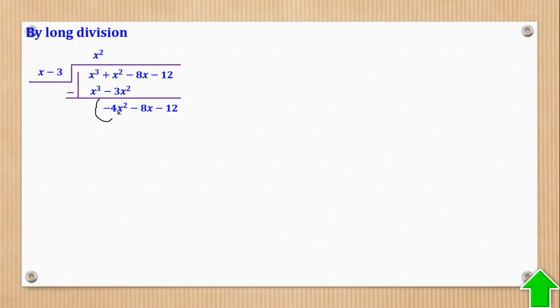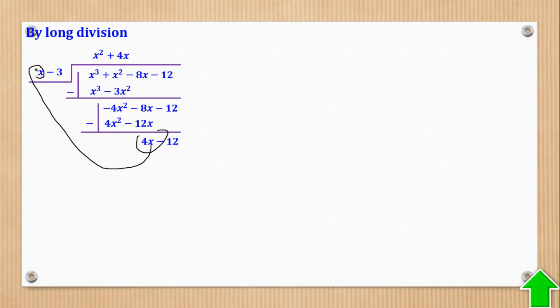Then again, the whole of this divided by x, you come up with positive 4x. Positive 4x multiplied through the divisor, you come up with that. Subtract the two, you get that. So again, this divided by this, you come up with 4. 4 multiplied by the divisor, you come up with that. Subtract, you get no remainder.